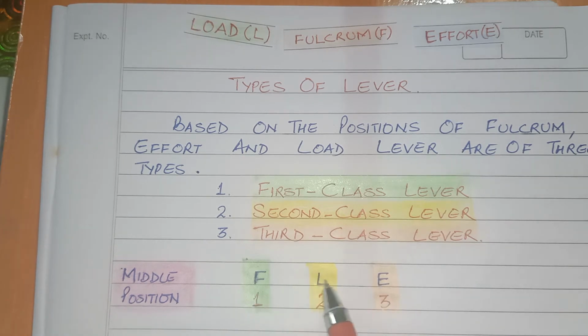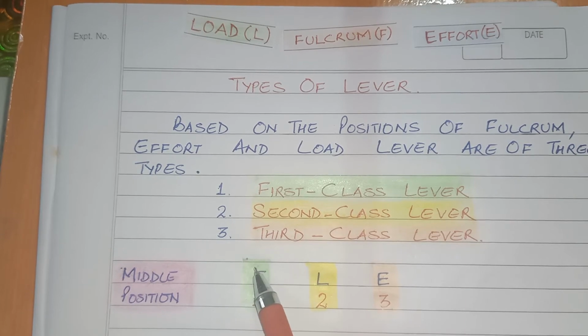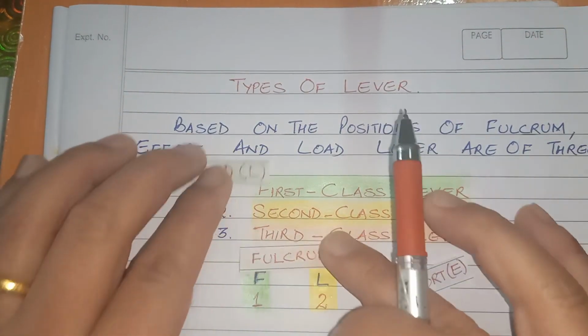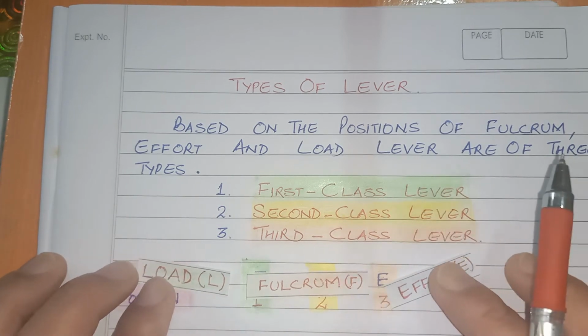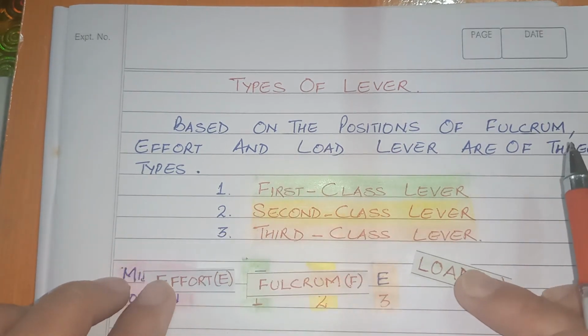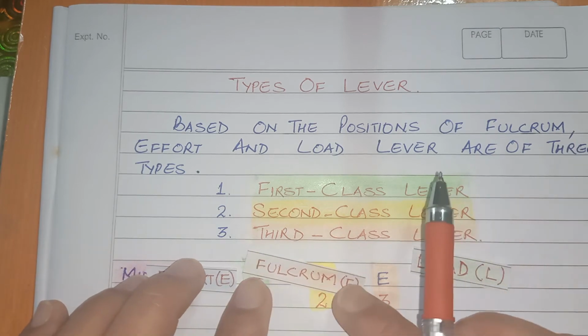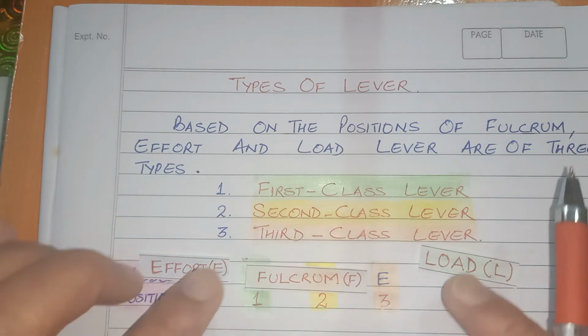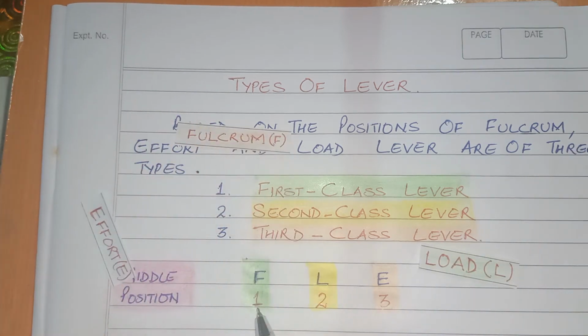First write FLE, and just below FLE you write 1, 2, 3. Now when the fulcrum is in the middle position, that means on either side like this, load and effort can be anywhere, they can interchange their position. But when the fulcrum is in the middle, that lever is called first class lever, which is denoted by 1.